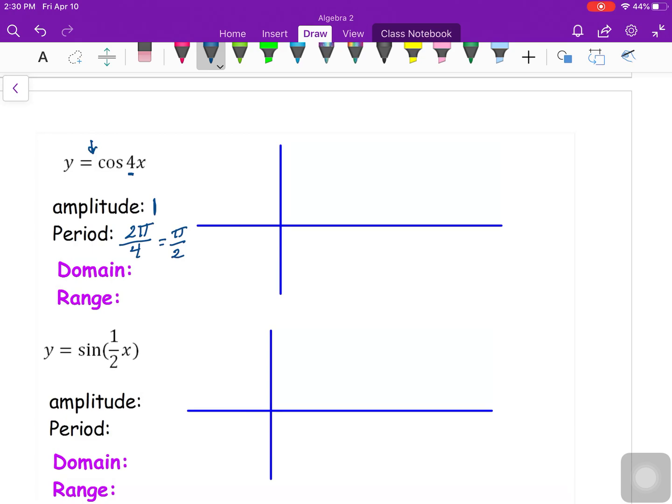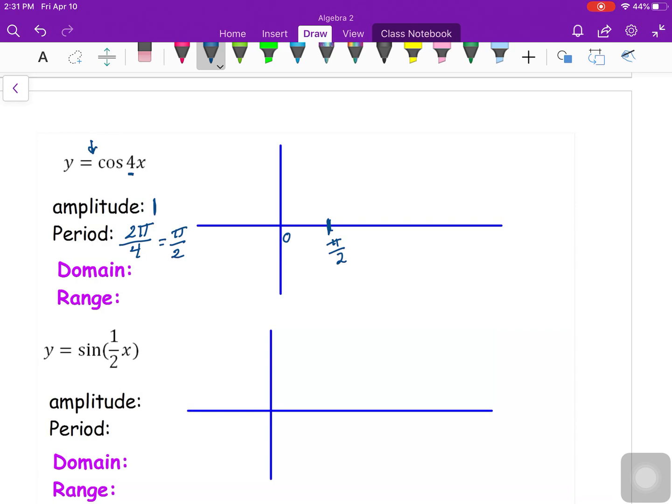So I have my 0. Now, I'm going to show this to you because pi over 2 was my first tick. Well, what I need to do is, by dividing by a 4, it should be 1/4 as big. So this is as far as my whole sine should stretch.